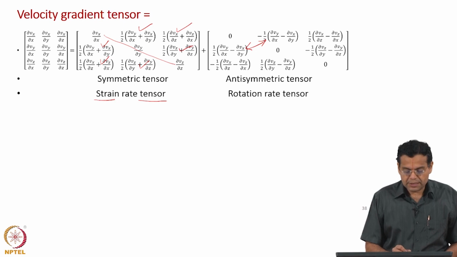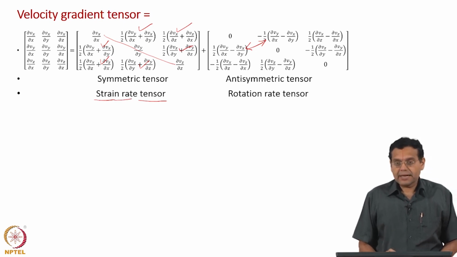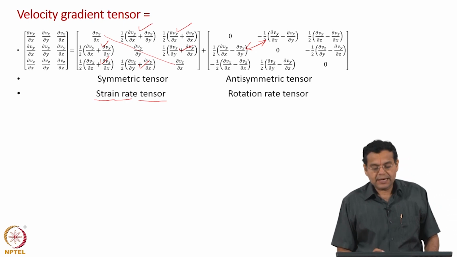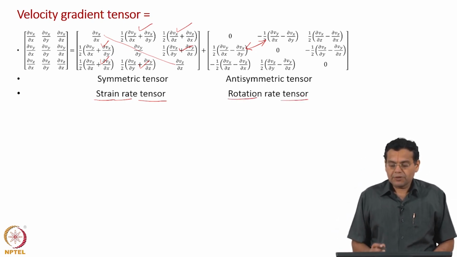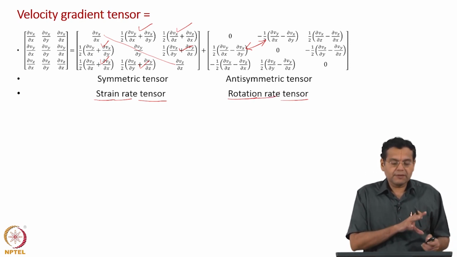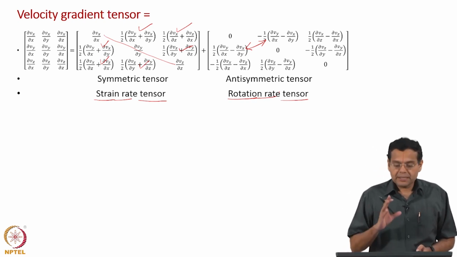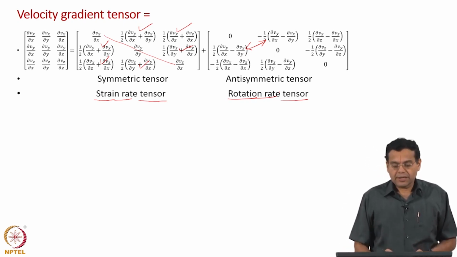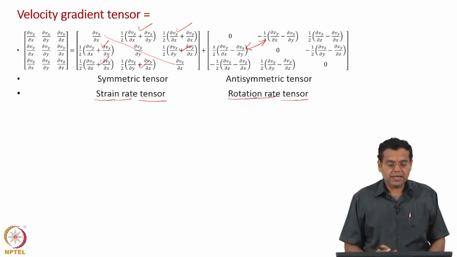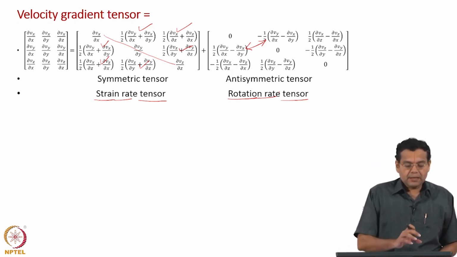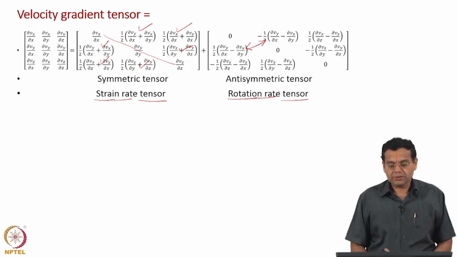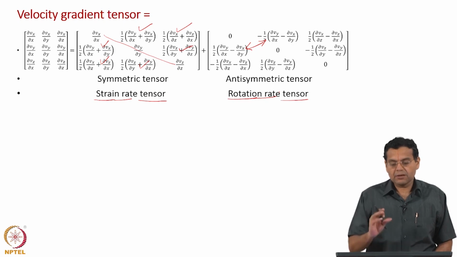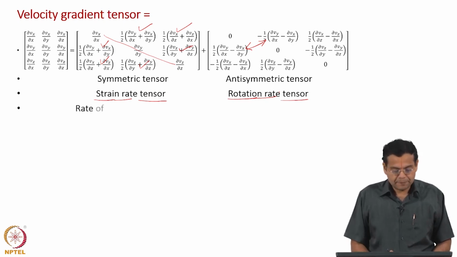So, we call this tensor the strain rate tensor. Of course, the second tensor was called the rotation tensor for solids. Now, for the case of fluids, it is the rotation rate tensor. So, we have split the velocity gradient tensor into the strain rate tensor and the rotation rate tensor, just like we expressed the displacement gradient tensor as sum of strain tensor and rotation tensor. So, this slide is that way analogous to what we have discussed for solids.